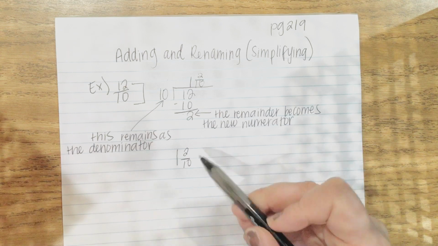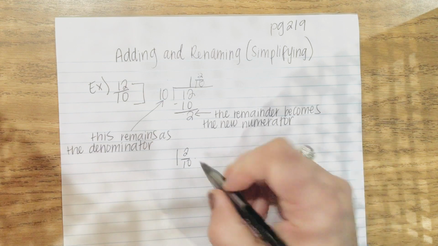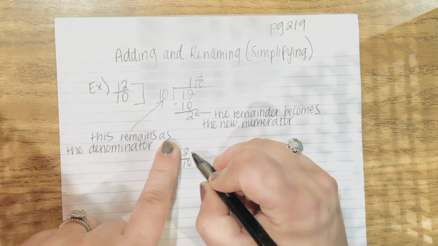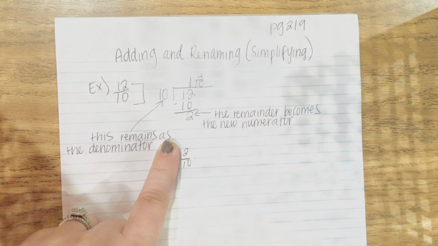But we can simplify 2/10. So we're going to pretend that the 1 is not here for right now. I know a number that can go into both 2 and 10. Do you got it? 2.